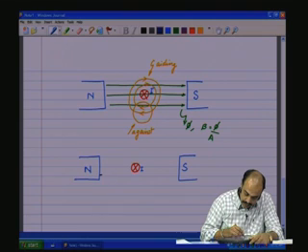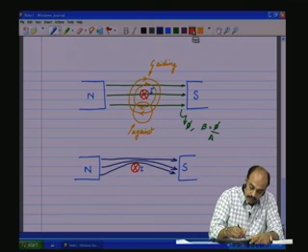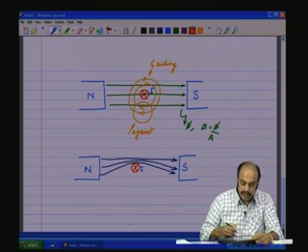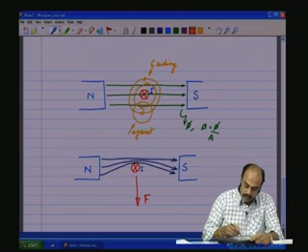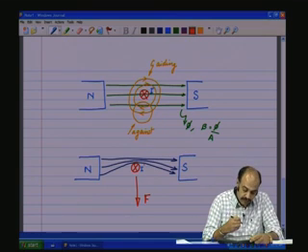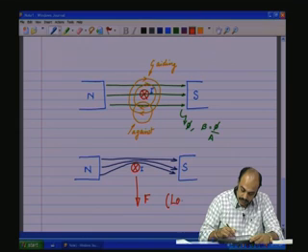So the field is weak on the bottom and the field is strong on the top of the conductor, whereas it is weak on this side. So this field is acting now like a rubber band which is trying to push the conductor down. So there is a force which pushes down because of the current I which is flowing through the conductor. Now this force is called the Lorentz force.